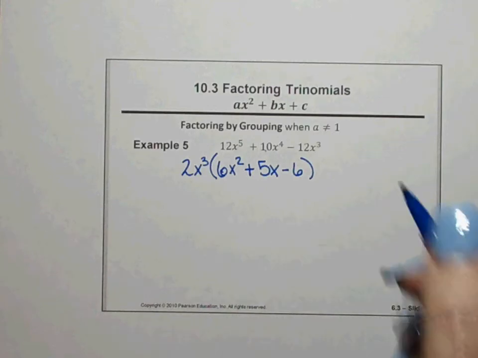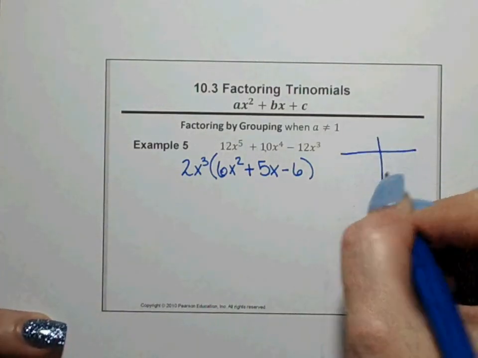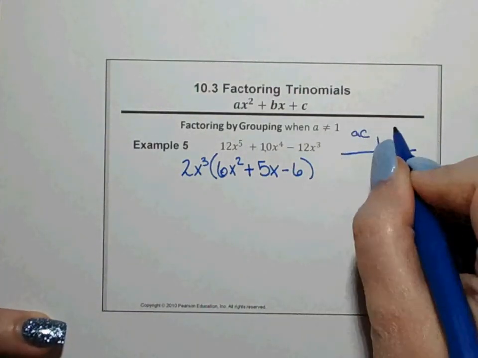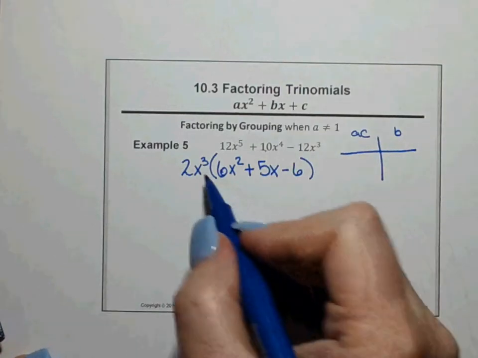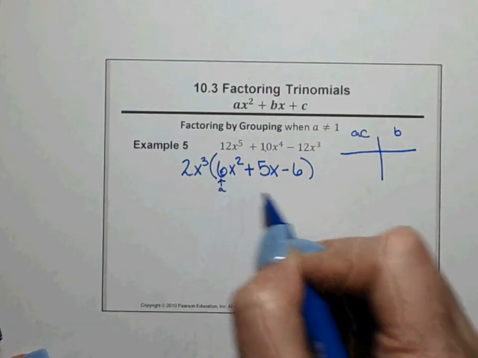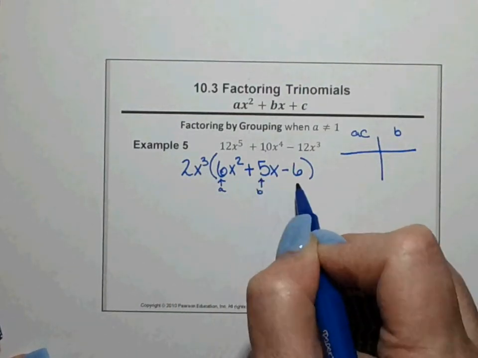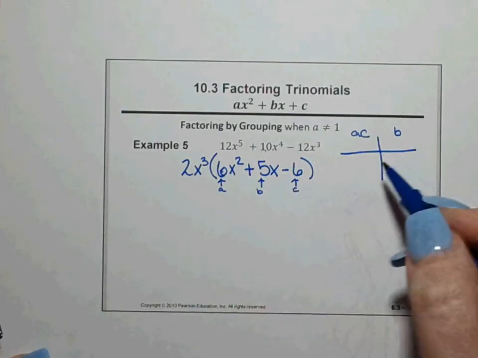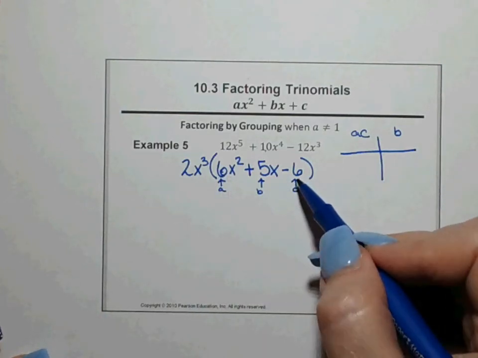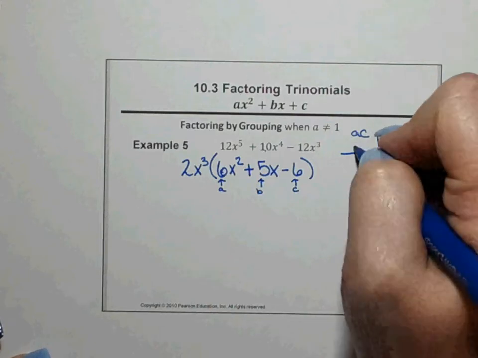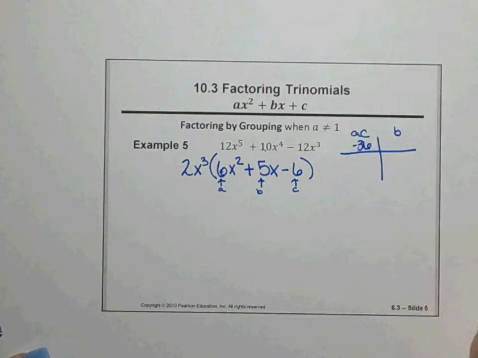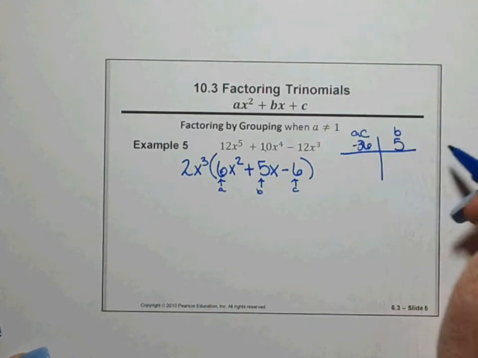Alright, so I still have to get my AC multiplied together. So this is my A now, this is my B, and that's my C. So I've got 6 times negative 6 is going to give me a negative 36, and my B term is a positive 5.